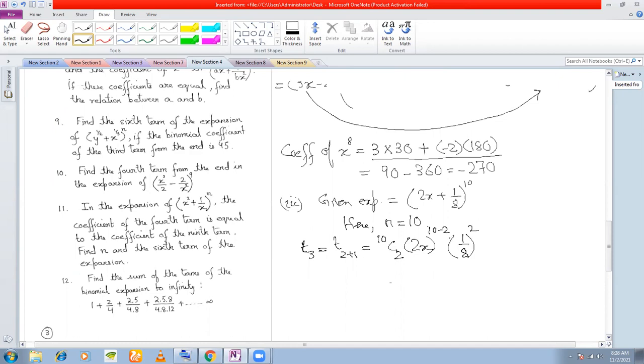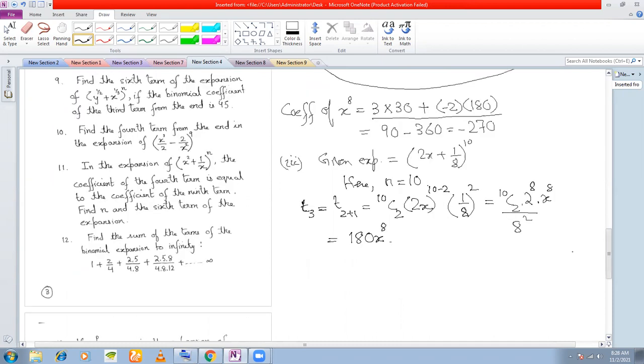This is your T3. So you get 10C2 into 2 to the power of 8 into x to the power of 8 divided by x squared, and you can simplify this to be 180 x to the power of 8. Okay, T4. In fact, T3 was already given above.